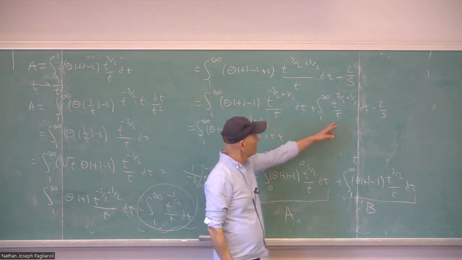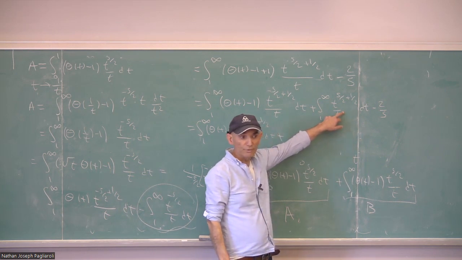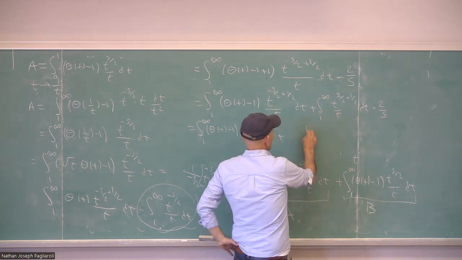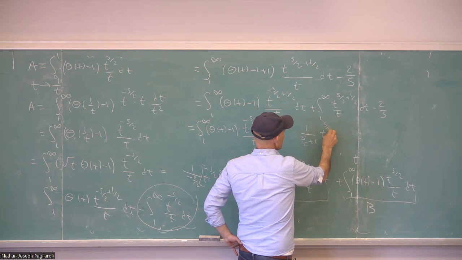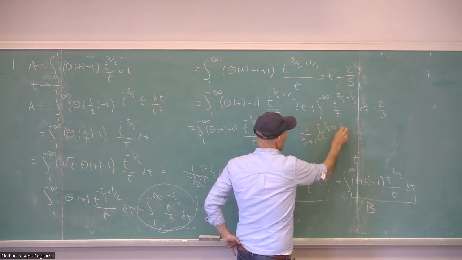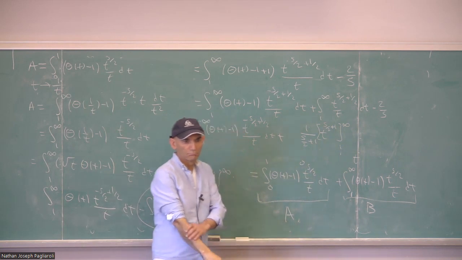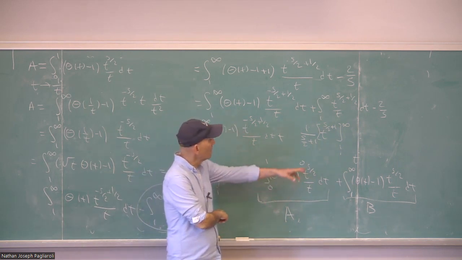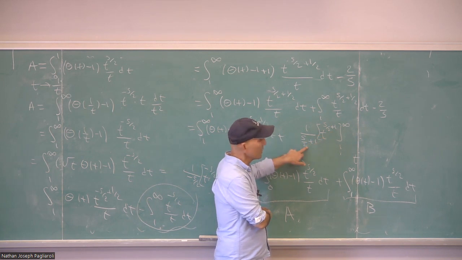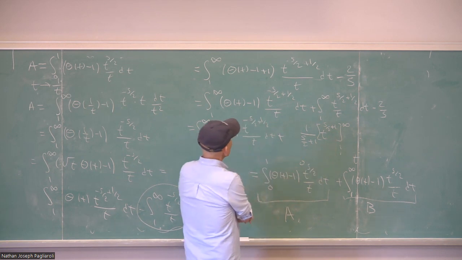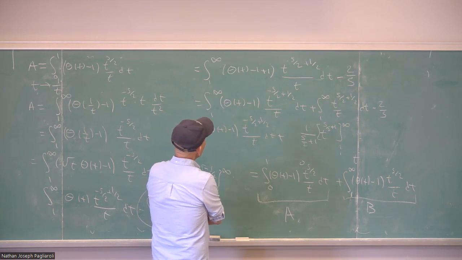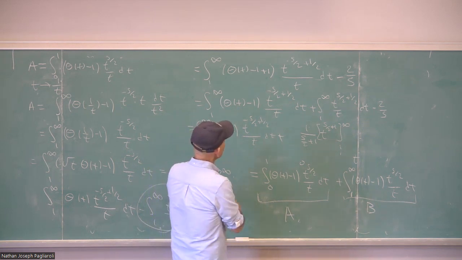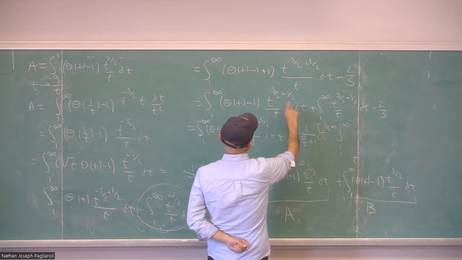Now, what is this integral? This integral is 1 over s over 2 plus 1, t to the power s over 2 plus 1 from 1 to infinity, right? That's just the antiderivative. I made a mistake somewhere, there should be a negative sign. This is minus s over 2.